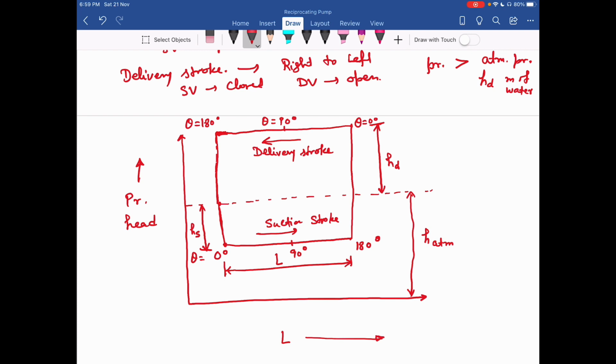I start from A. A to B is the pressure head corresponding to atmospheric pressure. Then the CD line is for suction stroke, and the EF line is for delivery stroke. So this is my ideal indicator diagram.